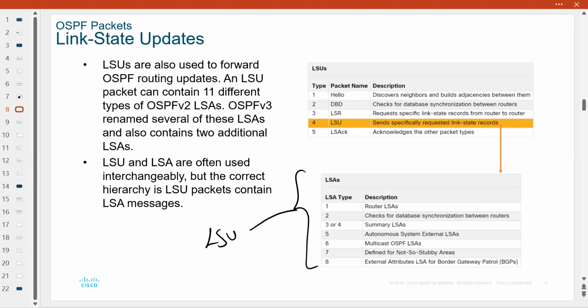So an LSU is just multiple LSAs. OSPFv2 renamed several of these LSAs and also contains 2 additional LSAs. LSU and LSA are often used interchangeably, but the correct hierarchy is that an LSU packet contains LSA messages. Right?